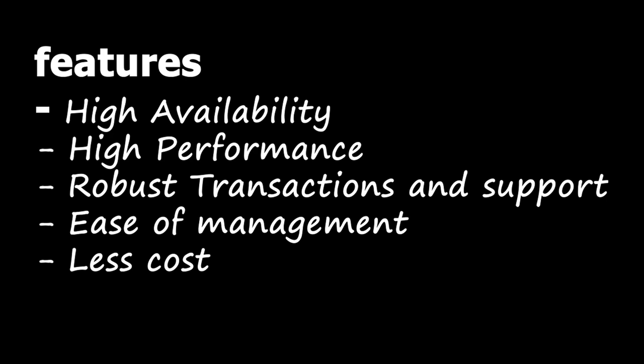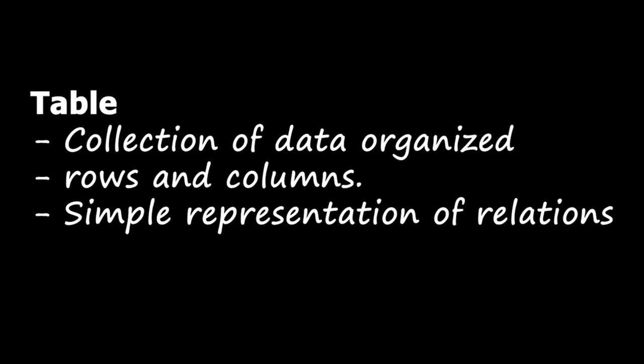Okay. Next one is table. In the relational database model, a table is defined as a collection of data organized in rows and columns. From this diagram itself, you can understand the table has some rows and columns, right? It is a simple representation. Table means, as I said before, a relation.